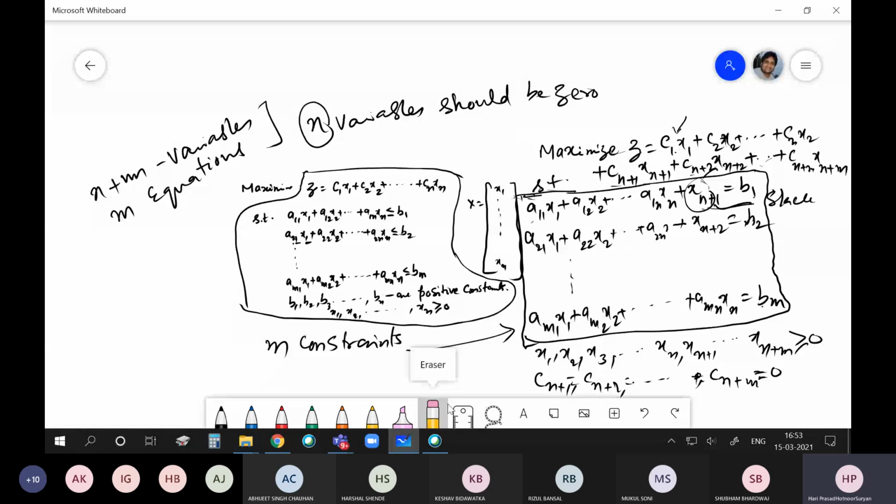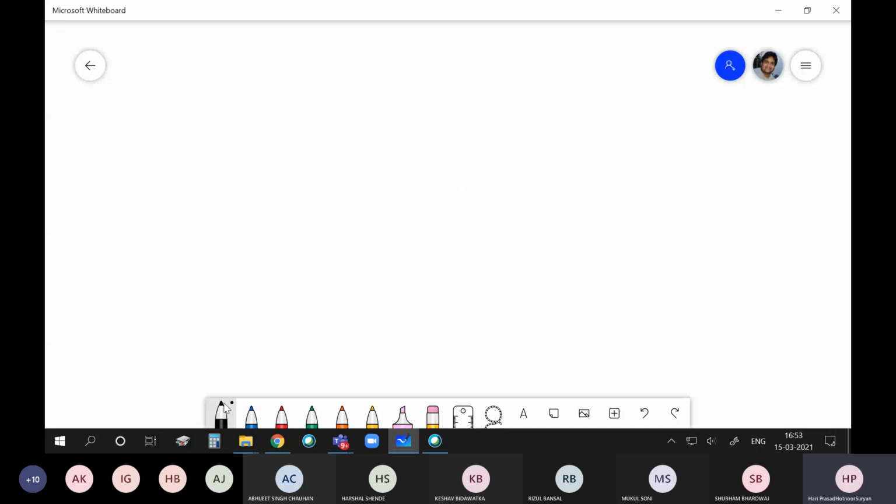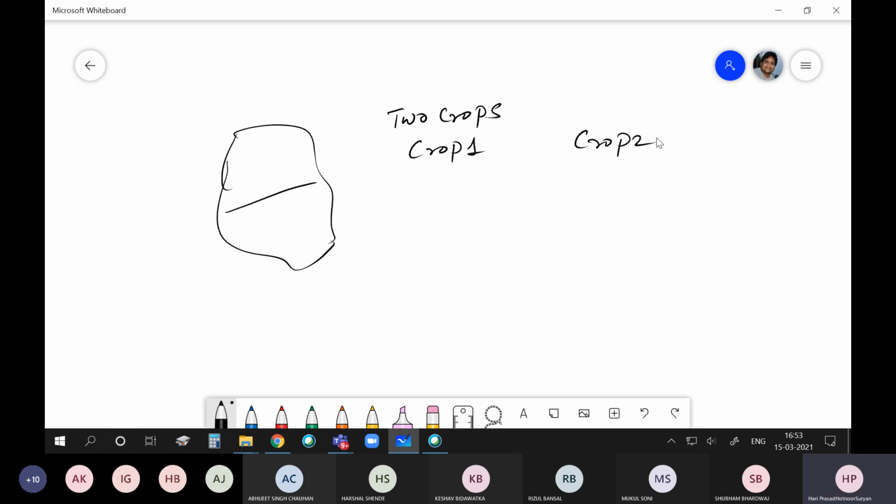First, let us take a simple problem. Let us say I have some piece of land, and I want to grow two crops in this, crop 1 and crop 2.